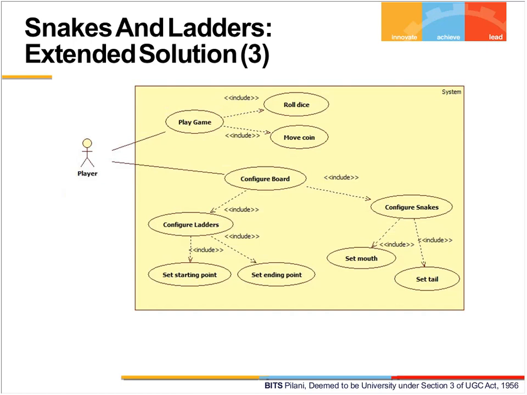What you see in solution 3 is I've put a main use case in the starting, which says the player can play a game, and while he plays a game, there are two sub use cases in that play game. He can roll a dice or he can move a coin.